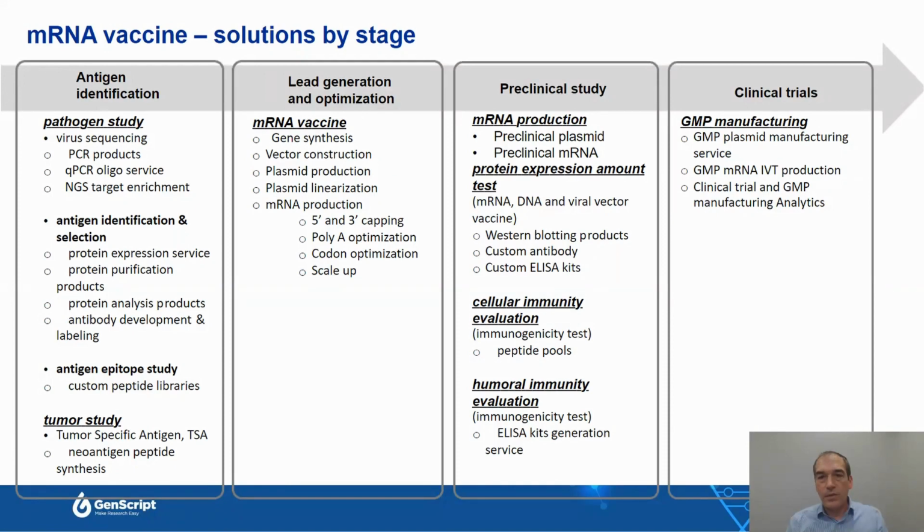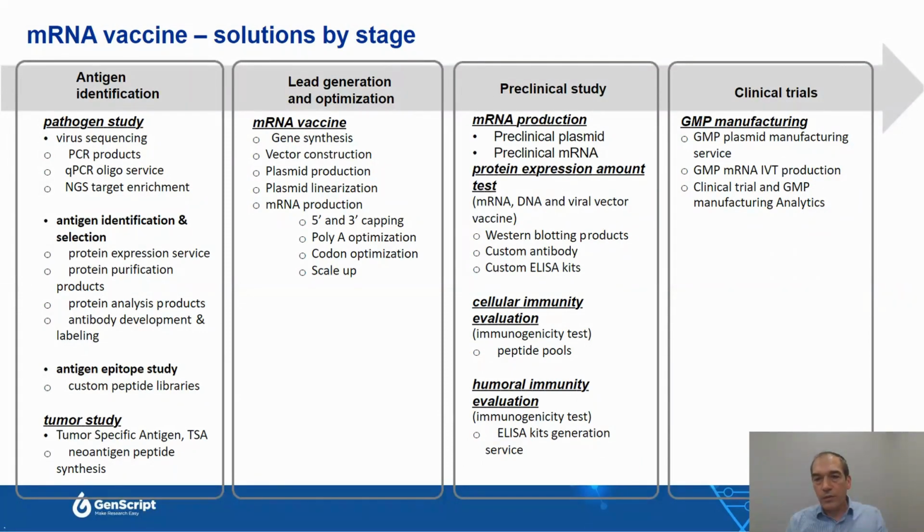For lead generation optimization, we can produce anything from the genes to be synthesized, vector construction, plasmid production, plasmid linearization, mRNA production with all the optimization that is needed, 5' capping, poly-A optimization, codon optimization, scale up as needed.